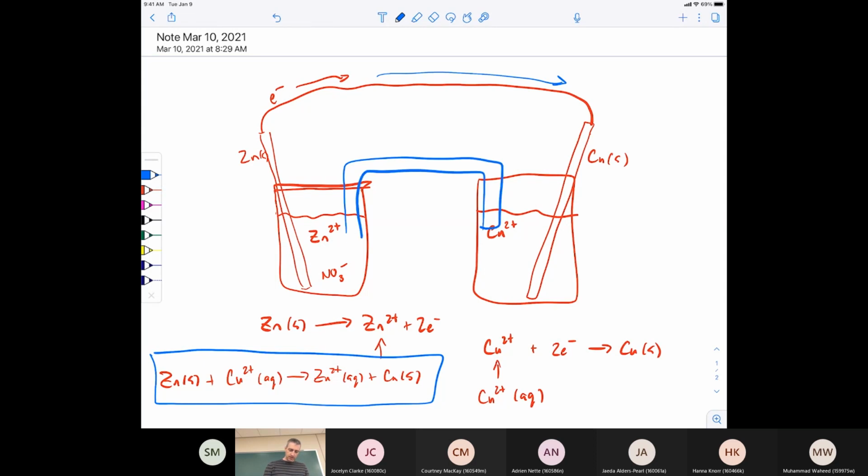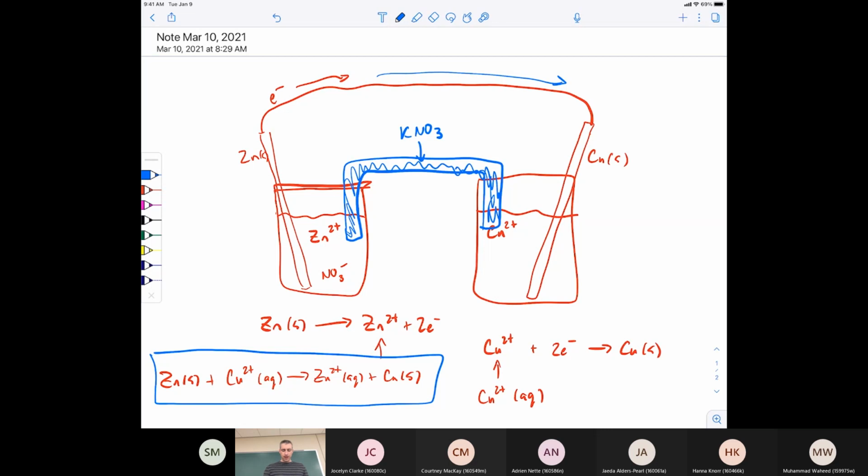It's basically what we call a U-tube. They often contain a gel-like material that is salty. And we have some sort of inert salt in there, like potassium nitrate, right? Nitrate and potassium are not going to participate in a half reaction on either side.